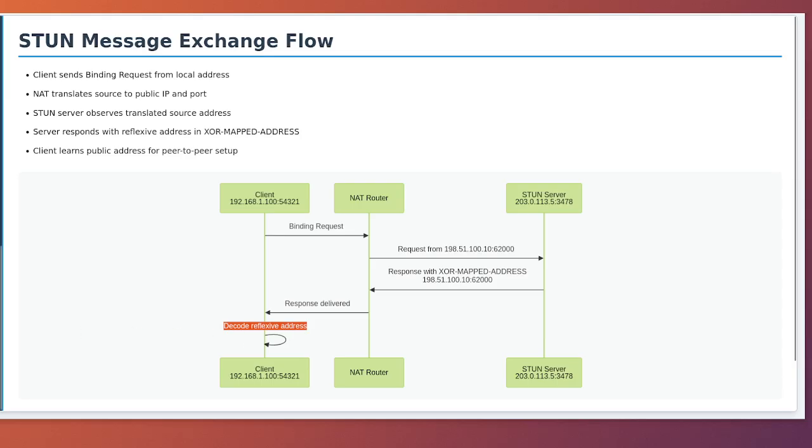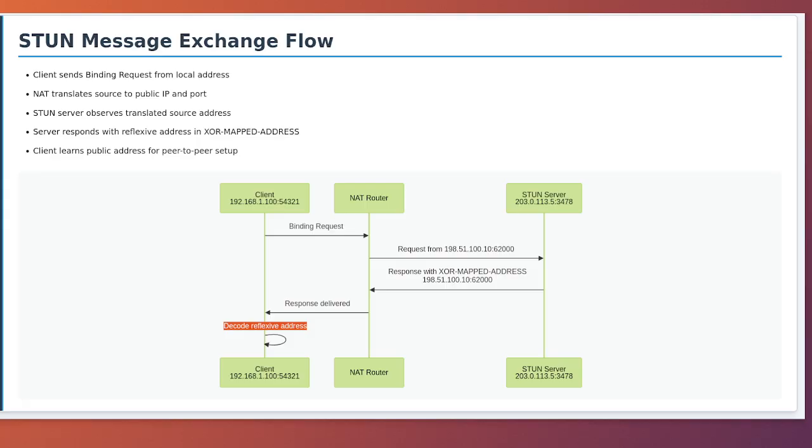The client receives the STUN response, verifies the transaction ID matches its request, and extracts the XOR mapped address attribute. After performing the XOR operation to decode the address, the client now knows its public IP address and port, 198.51.100.10:62000. This information is invaluable for establishing peer-to-peer connections.